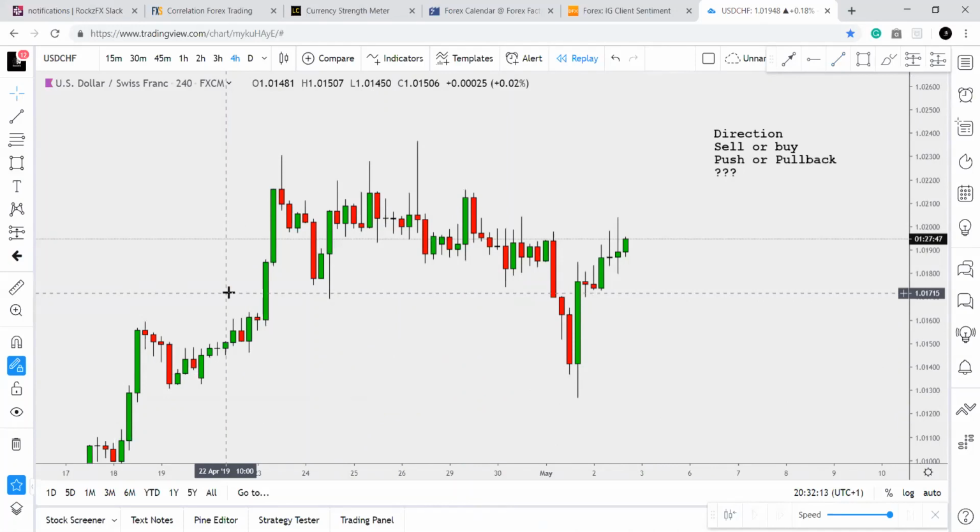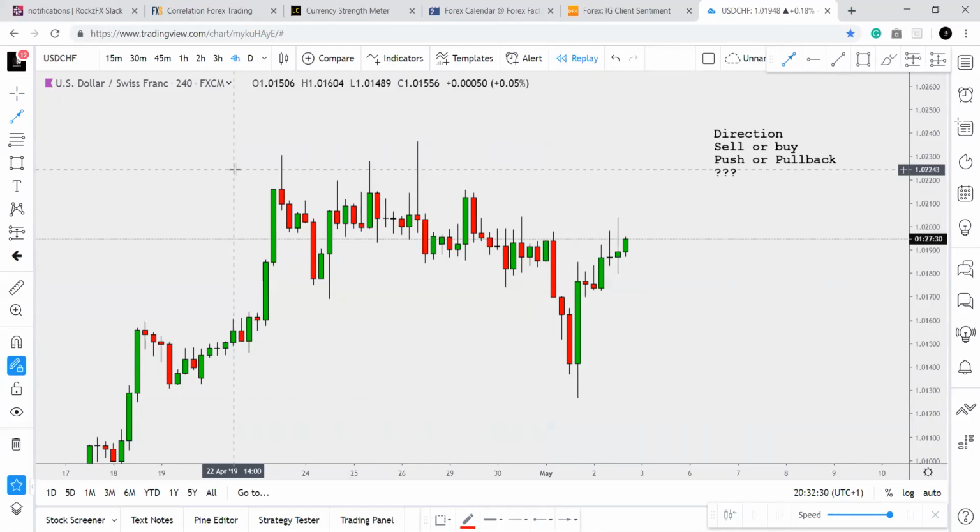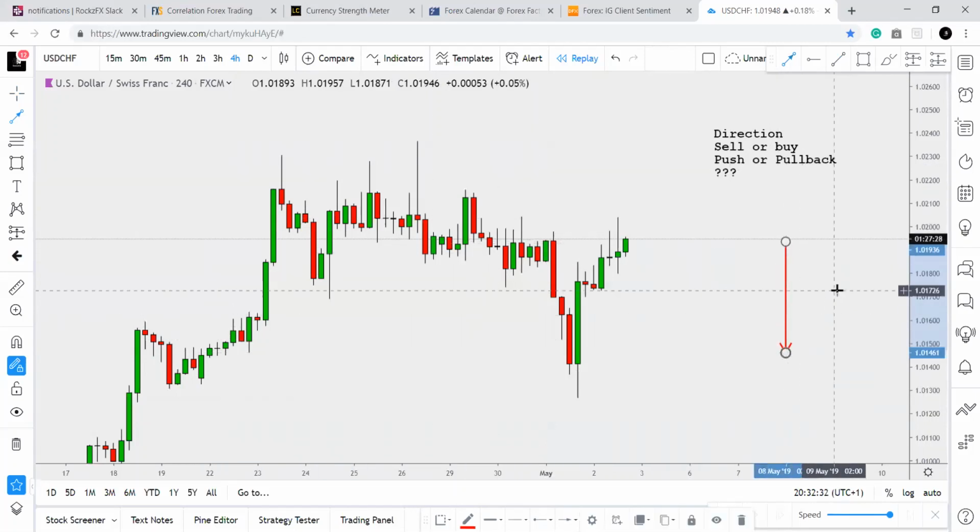At the minute, it's pushed to the up, but overall trending down. Okay, so at the moment, the phase of the market is either up, down, or sideways. I'd say down. You're saying down, okay?